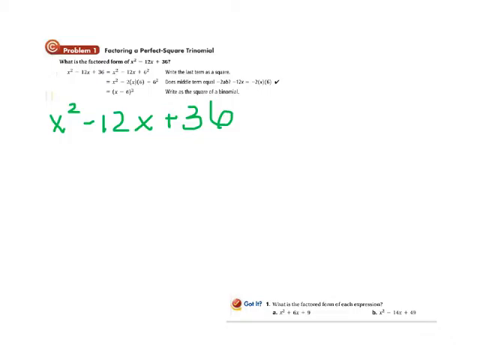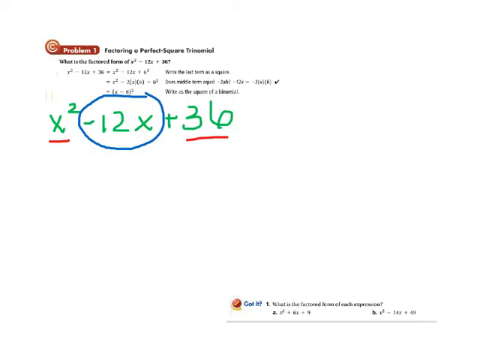Anytime that you happen to notice that this and this are both perfect squares, which in this case they are, x squared is x times x, 36 is 6 times 6. So they're both perfect squares. Anytime you happen to notice that, you want to look at this term right here.